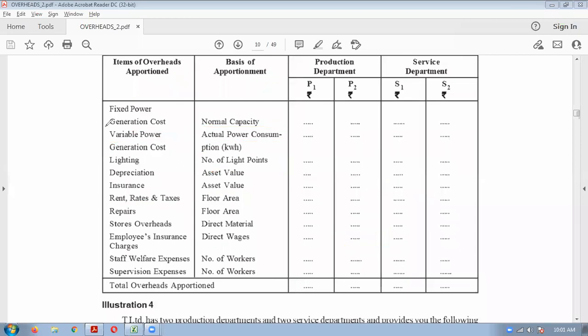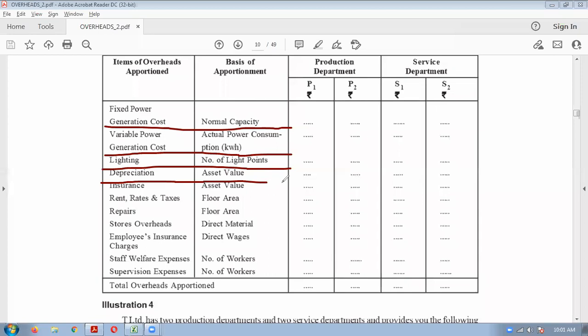You should note this properly because from this MCQ questions will definitely come. It is very simple also.